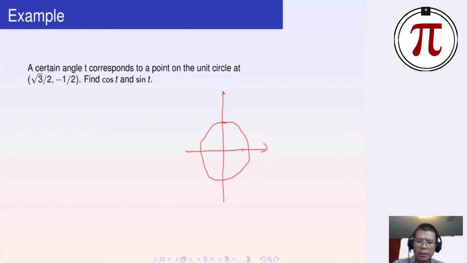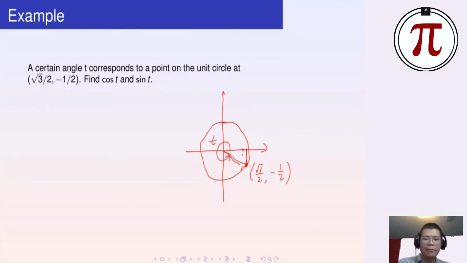It is somewhere here, so it might be something like this. That's square root of 3 over 2, negative 1 over 2. This is our t.